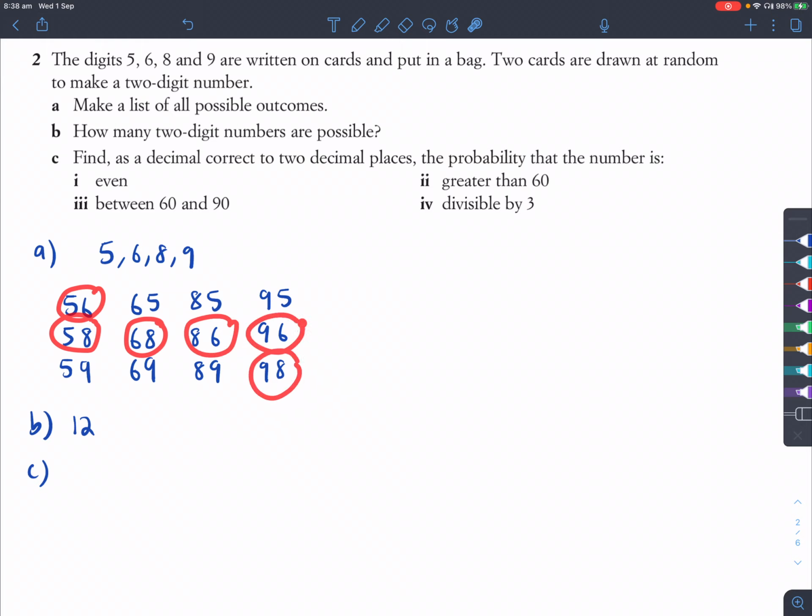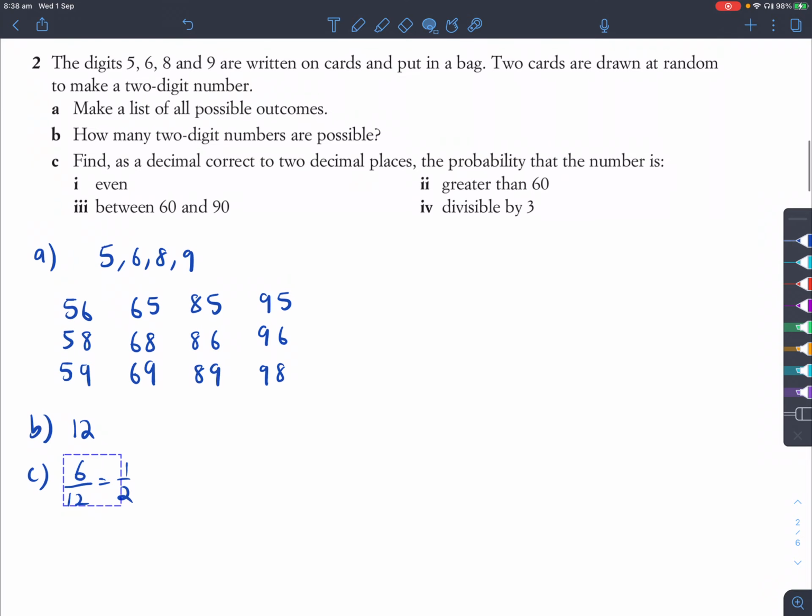Okay? So the rest of the numbers have odd numbers as a second digit, so they're not even. So in total, we've got 6 numbers here. And those 6 numbers are out of 12, which is one half. Okay? And this is for part A. I should write that. There we go.